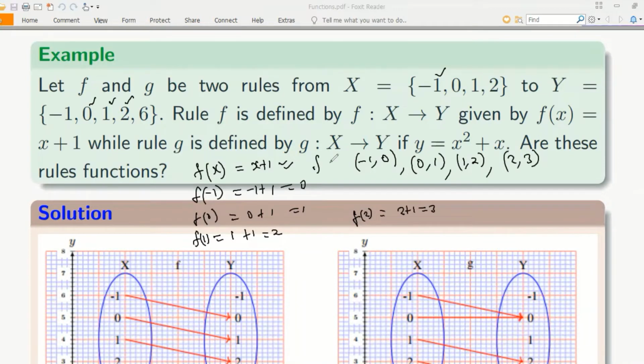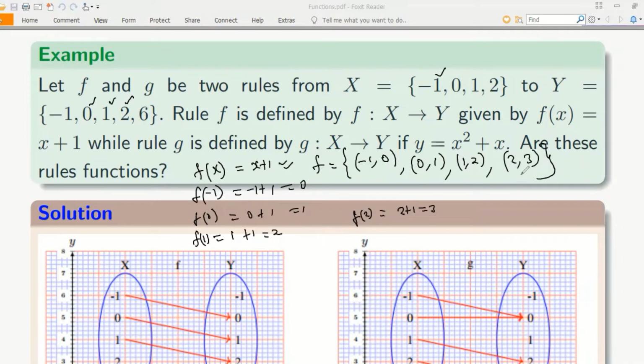This is the other way we can write that f assigns element -1 to 0, element 0 to 1, element 1 to 2, element 2 to 3. But there's something here.